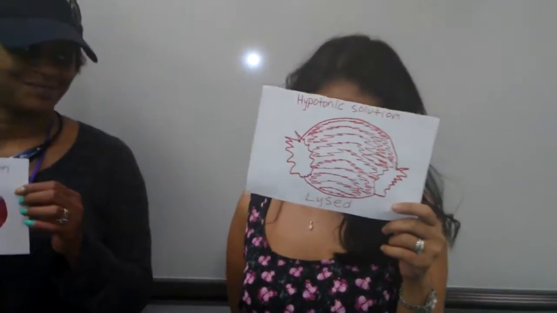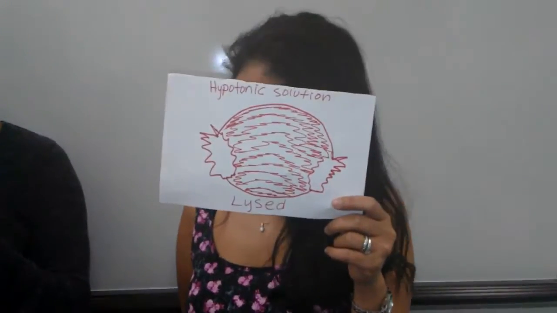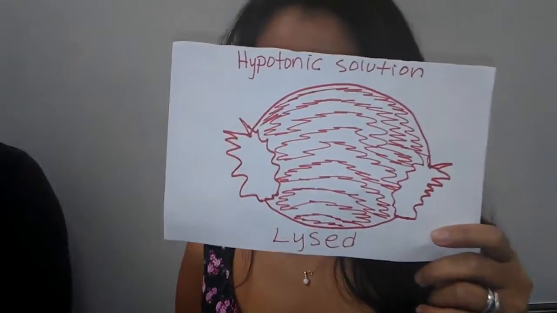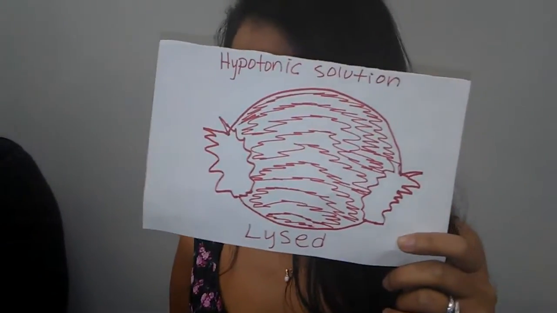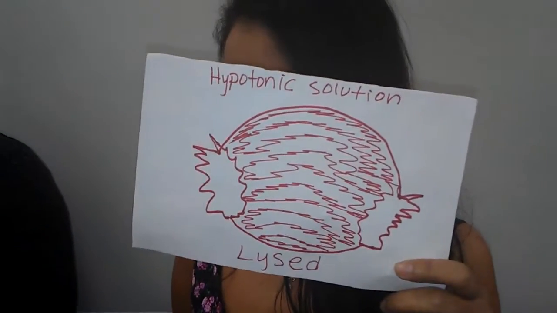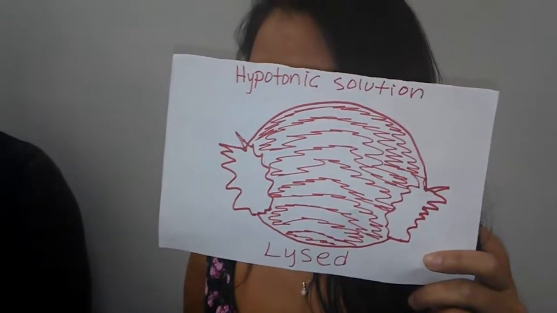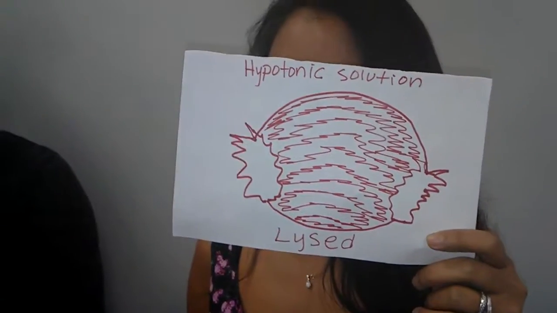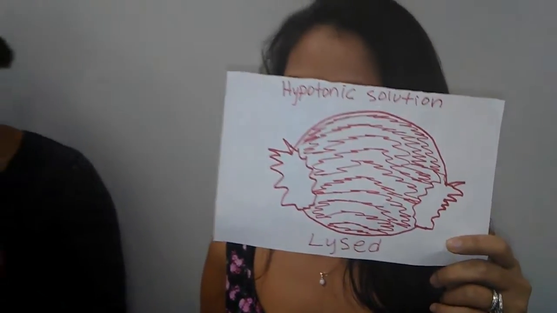In a hypotonic solution, you can see here it says it's lysed, as if the cell is bursting. Water will enter the cell faster than it leaves, and the cell will swell and lyse, like an overfilled water balloon. This is the water balance of living cells in their entirety, showing their similarities and differences.